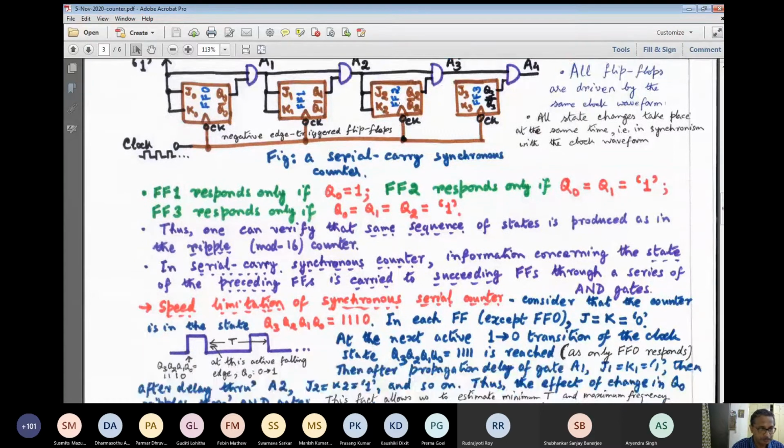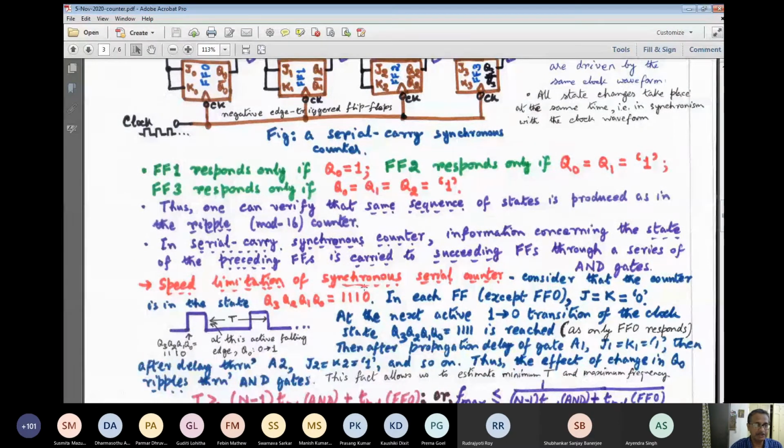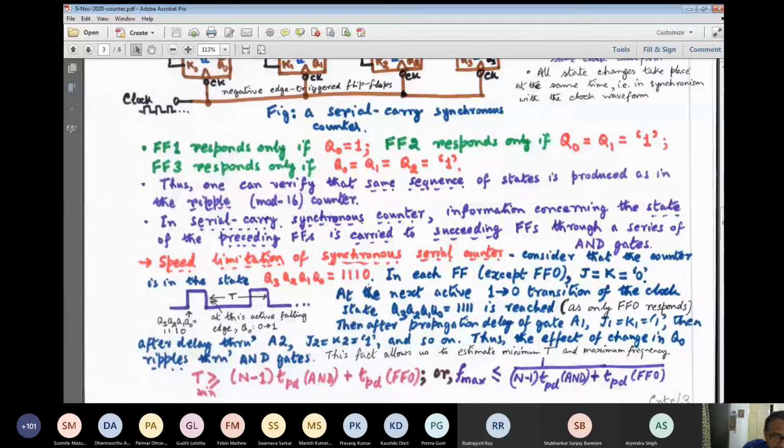So you can also find out the speed limitation of the synchronous serial counter. Consider that the counter is in the state 0. As we have said, you should consider the transition when all the flip-flops in the circuit are supposed to change. That gives the acid test, the worst case propagation delay. Remember that. If you just go from all 0 to 001, it will not matter, since only one flip-flop needs to change.